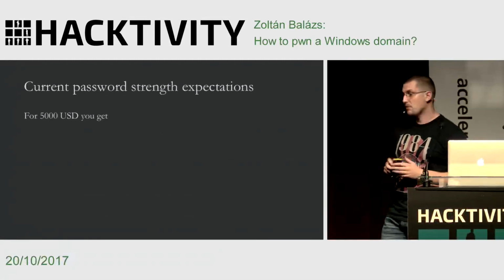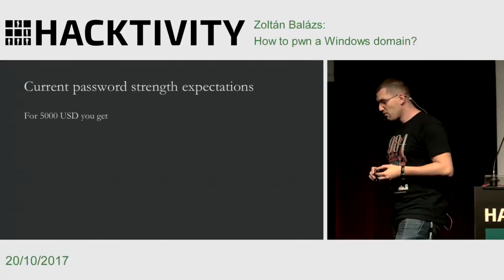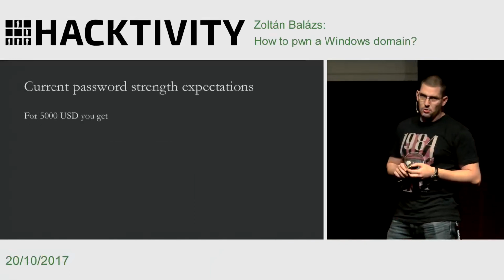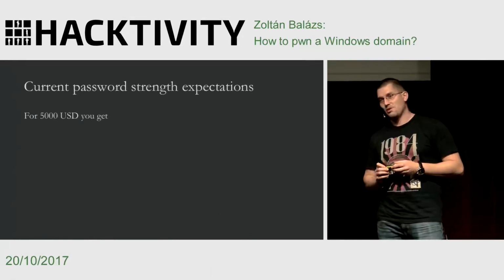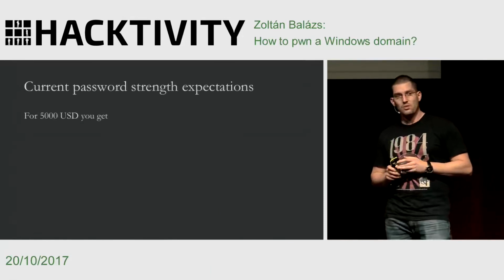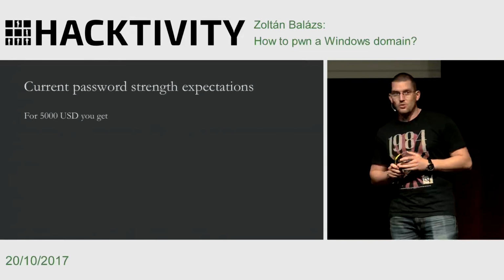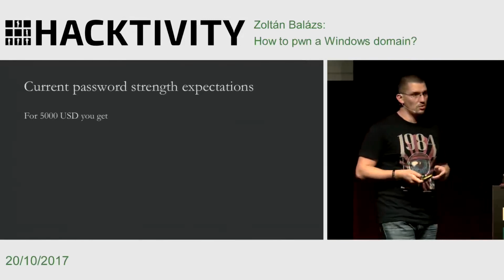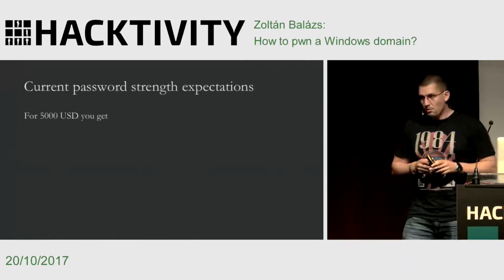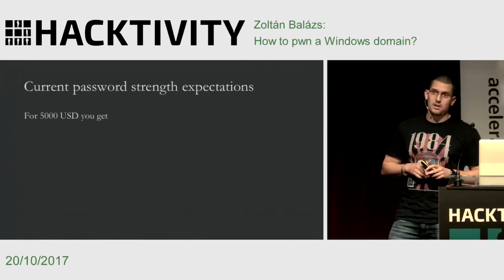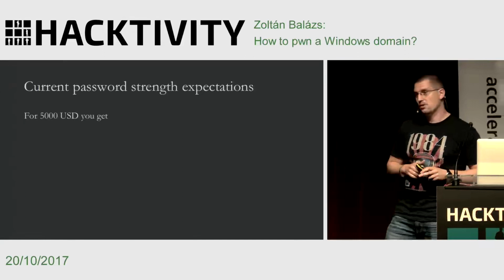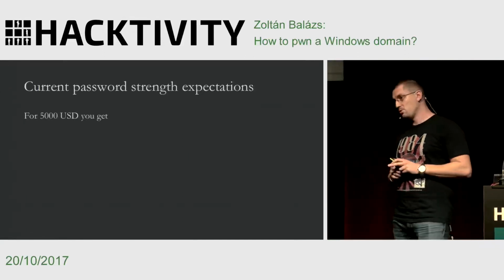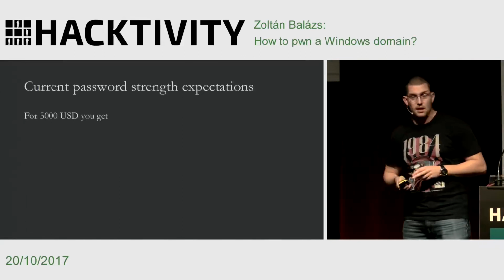What does this mean? I think password cracking on conferences was hip and fancy like 5 years ago, 10 years ago. Nowadays, nobody is talking about this because it's old stuff, and we don't care about old stuff. But if you do the math, it turns out that password cracking is a huge issue nowadays.